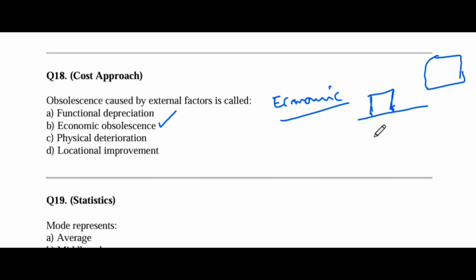And construction of a landfill or sewage plant, which creates foul smell, and a heavy industrial site, which delivers bad odor. All those are external factors which are not under the control of the property owner, and they will be the main cause for the decline of the value. So that is economic obsolescence.